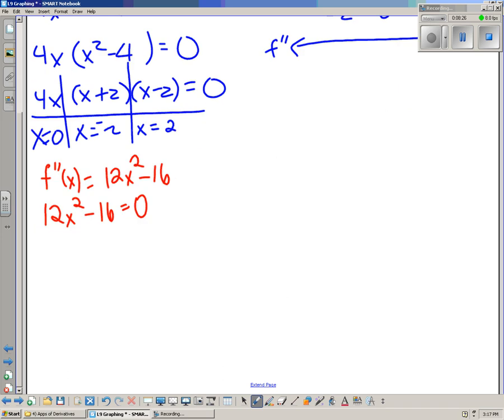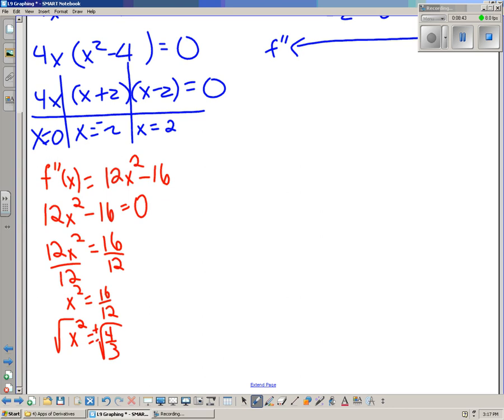Solving this, this one's a little easier to do this way. Move the 16 over. Divide by 12. So x squared is 16 over 12, which reduces to 4/3. Taking the square root, x is plus or minus 2 over root 3.